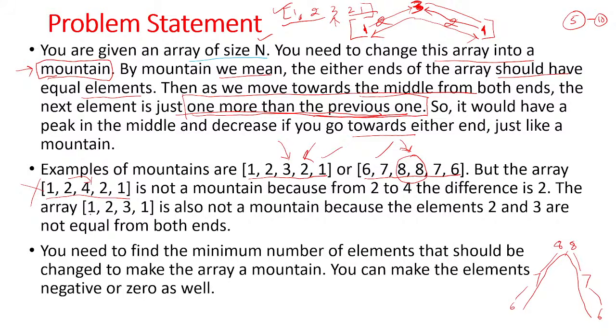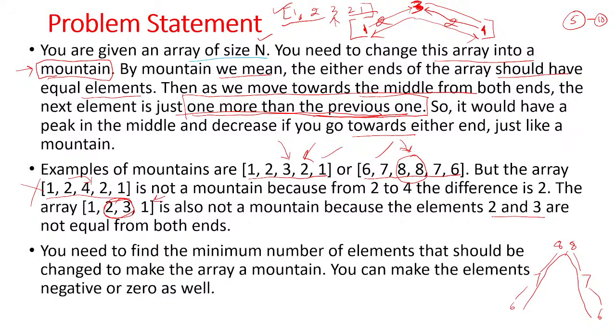Similarly, the array 1, 2, 3, 1 is also not a mountain array because the elements 2 and 3 are not equal from both ends. There is no peak element here. The array is even size, and in an even size we have two middle elements known to be peak elements.